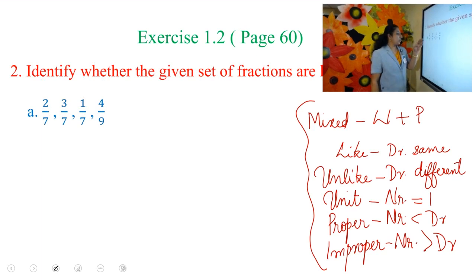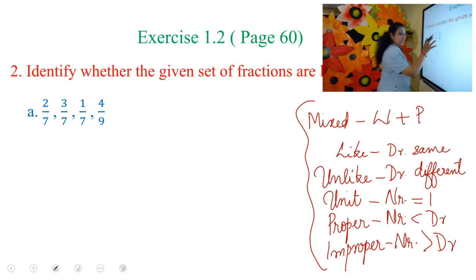First question, 2 by 7, 3 by 7, 1 by 7, 4 by 9. The question is identify whether the given set of fractions are like or unlike. What type of fraction is this? Here three fractions have the same denominator, but for 4 by 9 it is different.